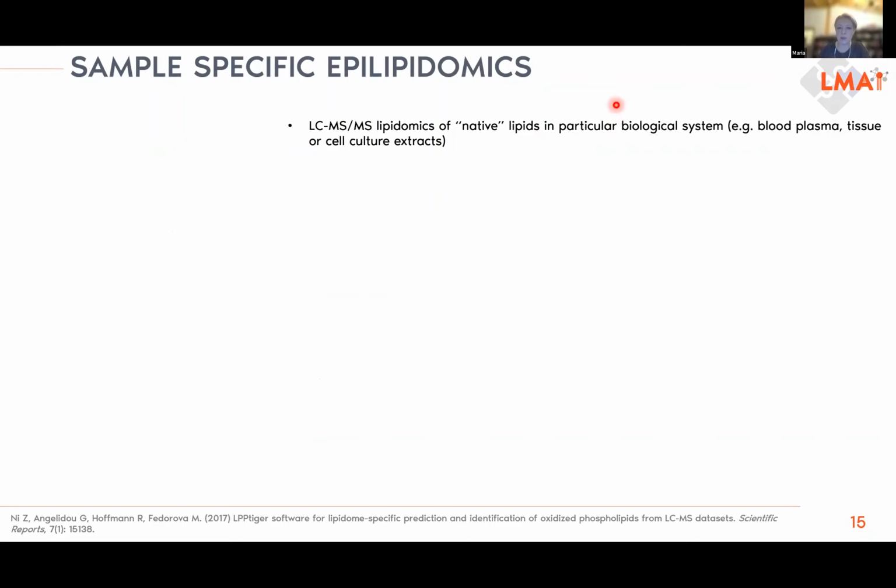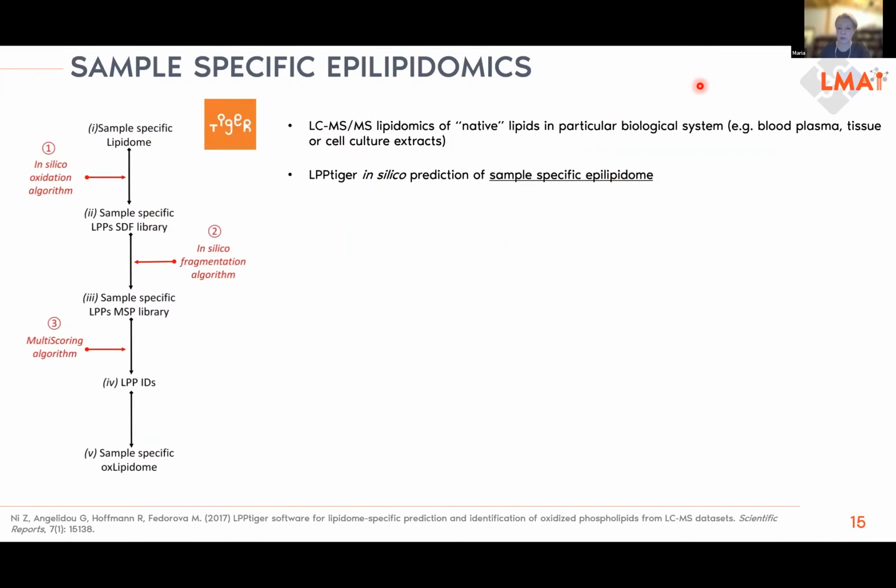When we want to measure the epilipidome of any given biological system, the first thing we do is measure a native lipidome. So we do a regular lipidomics where we identify lipids or the lipidome of this particular cell type, tissue, or blood plasma. And then we use this native lipidome to predict the sample-specific epilipidome. For that, we use a software which was developed by me in my group. This software, LipidOx, allows us to perform identification of oxidized lipids from LC-MS data.